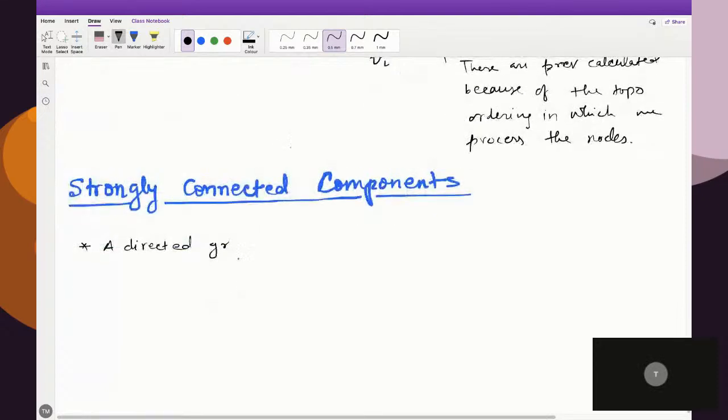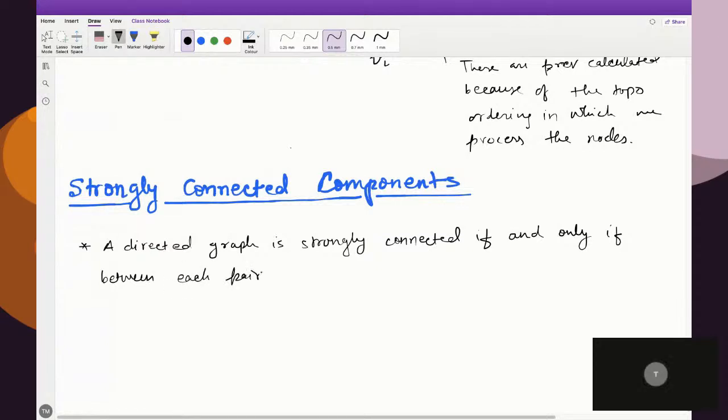A directed graph is strongly connected if and only if between each pair of vertices u and v, there is a path from u to v.